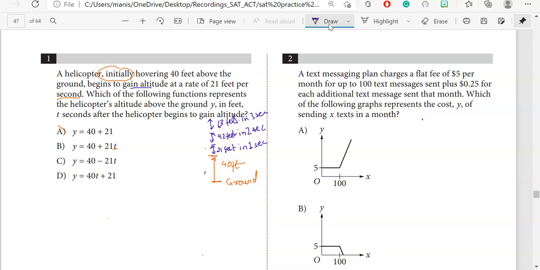So the altitude gain t seconds after the helicopter begins rising is represented by the expression 21t. The initial height of the helicopter is 40 feet, so I end up with this function. Upon looking at these choices, only choice B is the correct answer for this question.